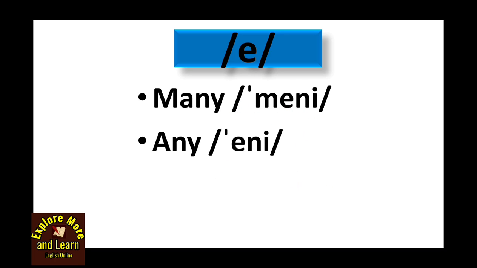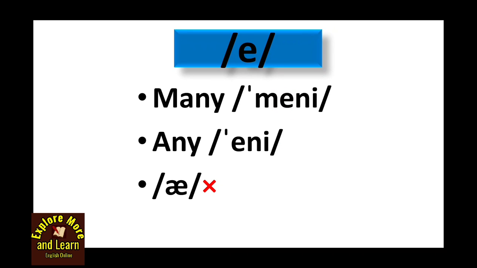Another example, any. Here also letter A is pronounced as /e/, not /æ/. So remember, the sound is not /æ/, it's /e/ here which we get by the letter A. So be sure about the correct pronunciation of any word by seeing the phonetic transcription. That means by observing the sound symbols.